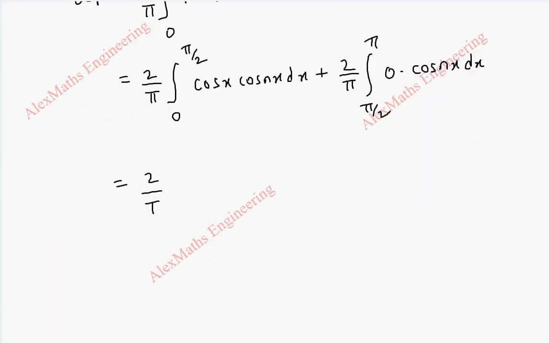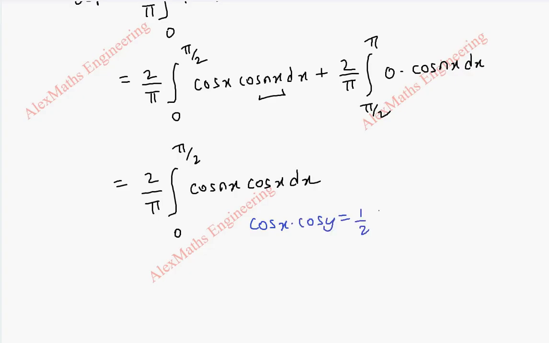So 2 by pi, we always keep the n term as the first term. So we are going to rearrange this, writing cos nx first, then into cos x dx. We are going to apply the basic trigonometric formula: whenever we have cos x into cos y, this is half of cos (x plus y) plus cos (x minus y).